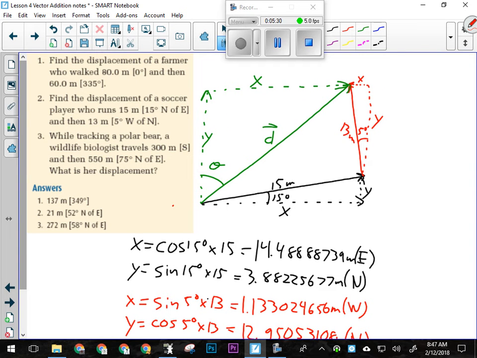So I'm going to add the two x's together and get this. One of them is east, one of them is west, so I'm adding a negative or I'm subtracting, whichever makes more sense to you. It doesn't matter to me. So I'm going to take those and find out what green x is. All right, so green x will be 14.488 minus our 1.133 there. So we'll figure out what that is.